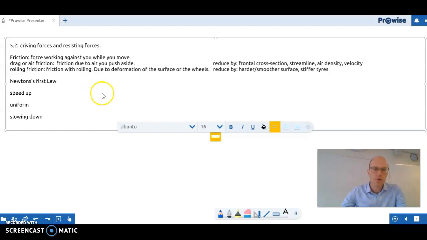Okay, and I first want to say something about the forward force, F forward, and about the backward force, F backwards, or resisting force. It's called resisting force. If you speed up, then the forward force is there, you're pushing on the pedal, and the resisting force is not there yet.